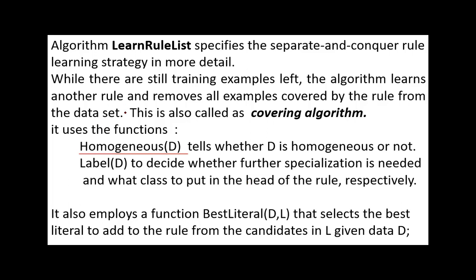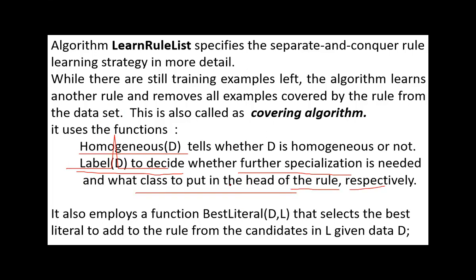Similarly, label of D is another function. When I pass D to label, it decides whether further specialization is needed, or if any more specialization is needed, else what class to put in the head of the rule.